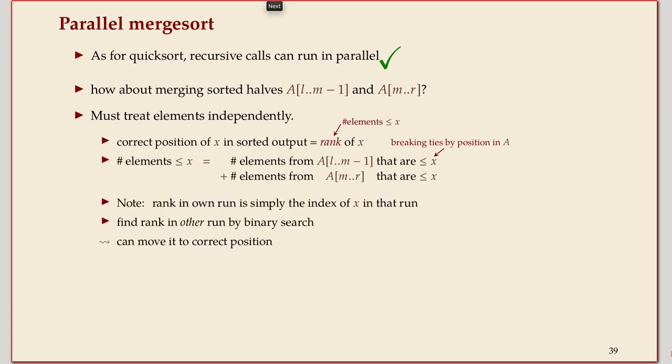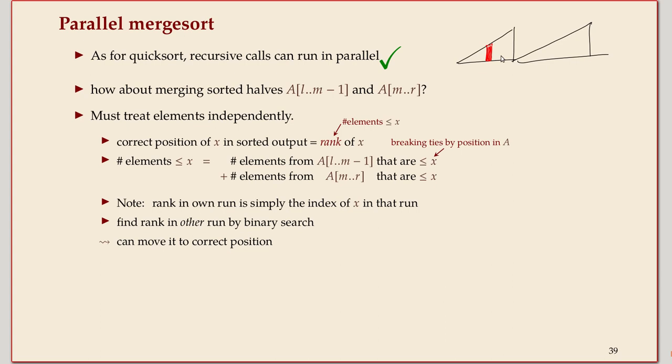And so here's a way to do it. Let me maybe draw a picture first before I explain the concept. You remember my sketches of how merging works. Let's suppose we have an element right here in the first sorted run. We know exactly how many elements are smaller and bigger in the first sorted run because that's its position.